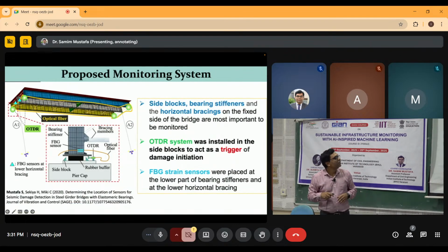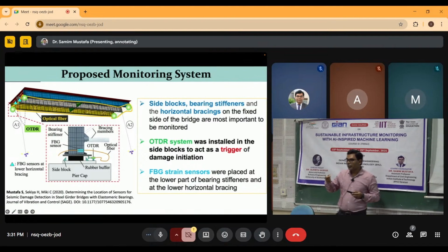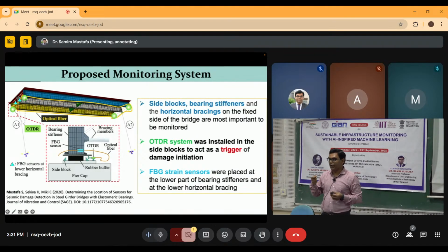So what measurement system can we design for this? In this study we have placed a sensor near the side block, because the side block gets damaged first. If you place the sensor at the side block, we will know that something has happened to the side block. That means the integrity of the entire bridge has been compromised.